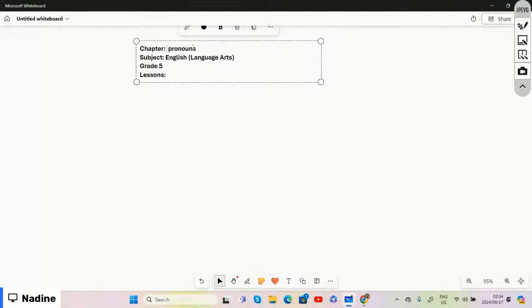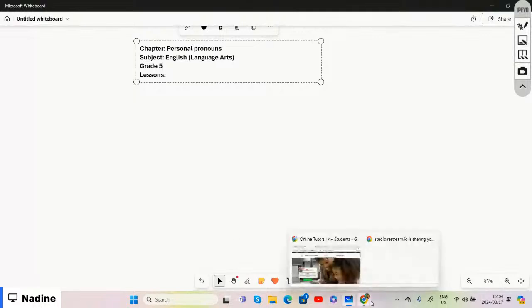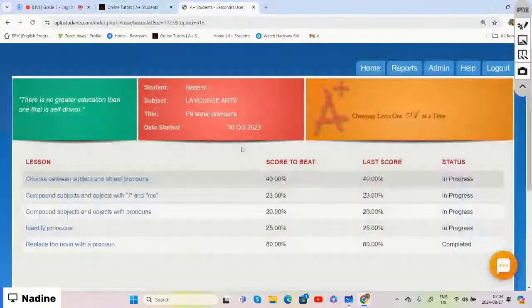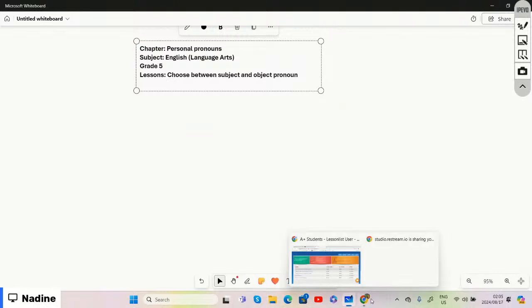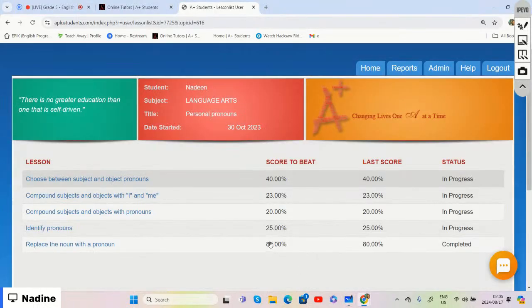Once we've logged on with our username and our password, we're going to select the subject of English language arts, grade 5, and then scroll down until we get to the chapter on personal pronouns.